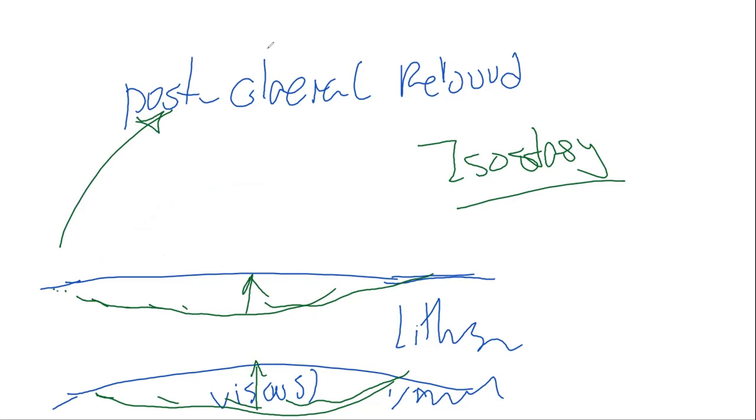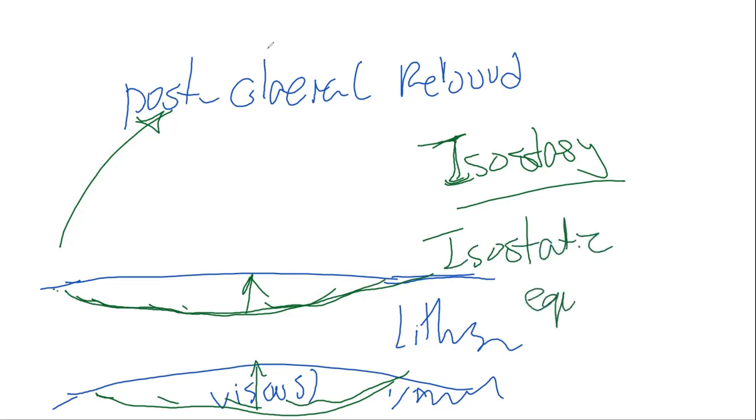In some places in the world, for example Antarctica, Greenland, Fennoscandia, and Hudson Bay in Canada, they are experiencing this postglacial rebound. The Earth's surface, or land, is going upward towards isostatic equilibrium.